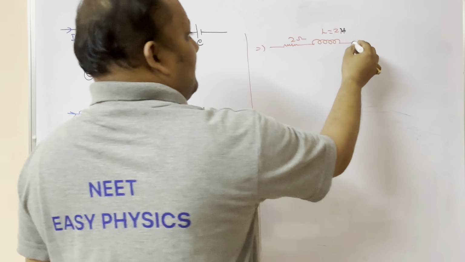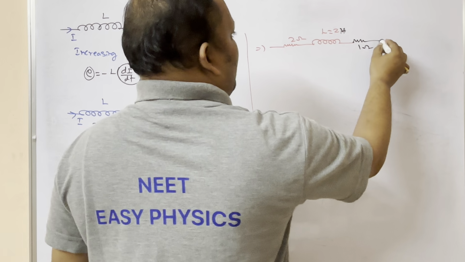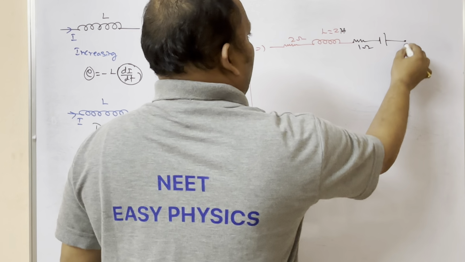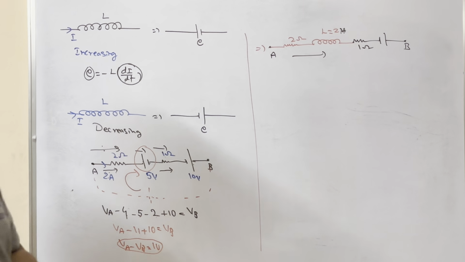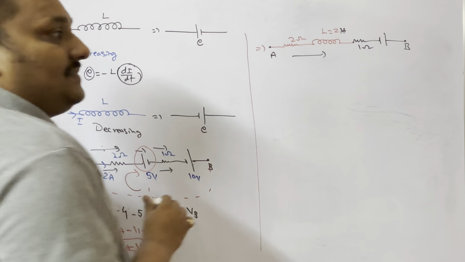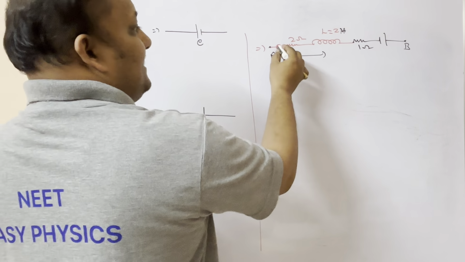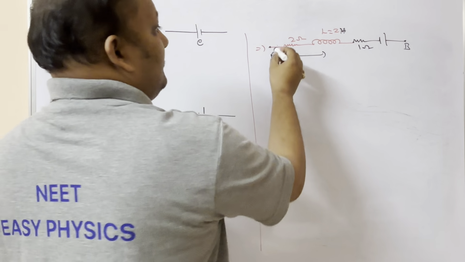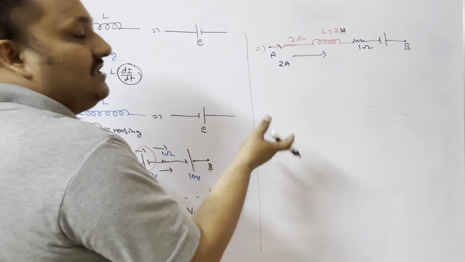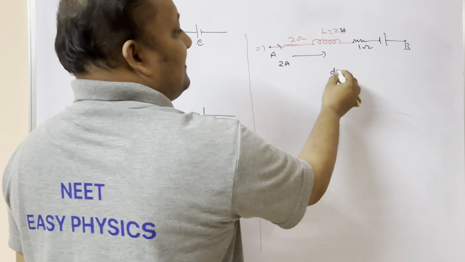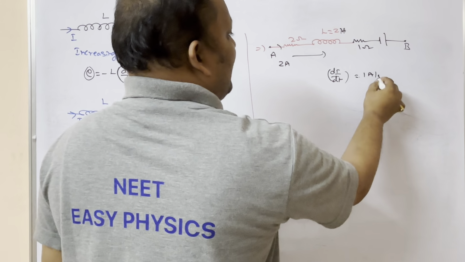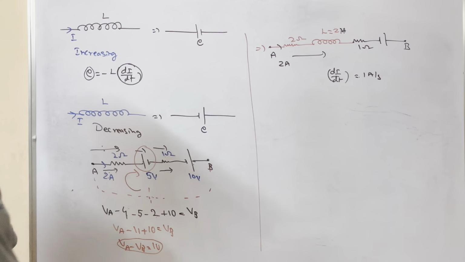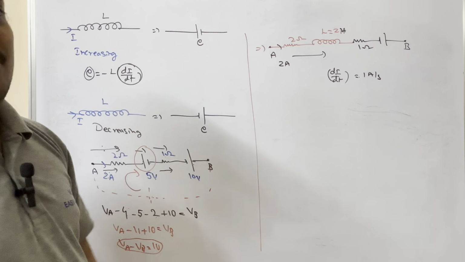And another, the same 1 ohm. Again, what is the potential difference between A and B? So while giving this, the current is 2 amperes. This 2 amperes is increasing, di by dt, at the rate of 1 ampere per second or 2 ampere per second, like that they are going to give.